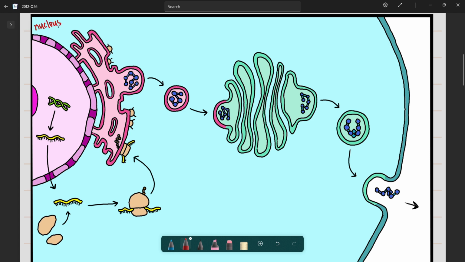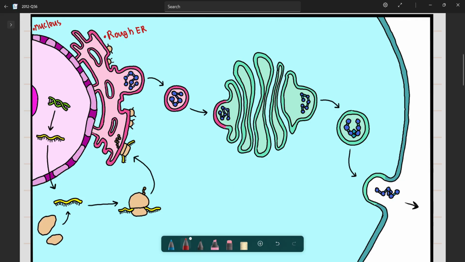This structure right here, the folded sacs, is the rough ER. This entire big thing is called the rough endoplasmic reticulum. This part is the nucleus, and these ones are the 80S ribosomes, and these are the vesicles, and these are the Golgi apparatus.